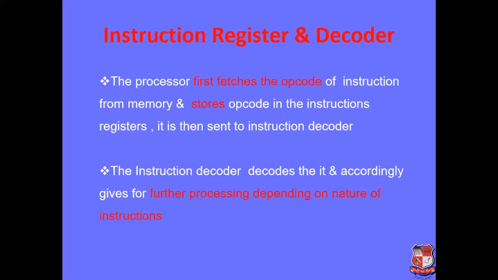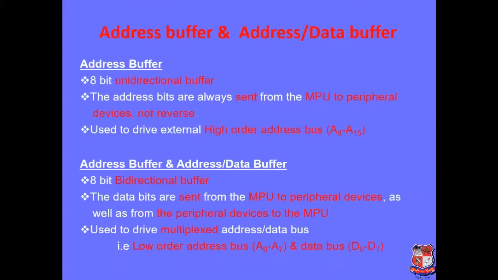The processor first fetches the opcode from memory and stores the opcode in instruction register. Then one copy is sent to the instruction decoder. The instruction decoder decodes the 8-bit opcode and generates timing and control signals for that particular instruction depending upon the bit pattern of instruction.